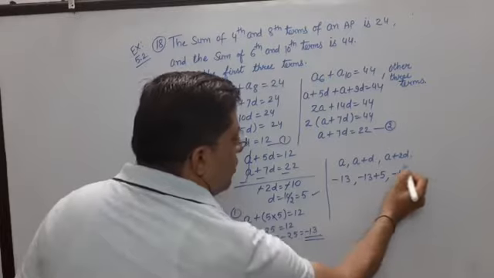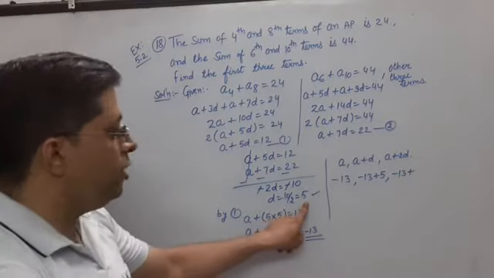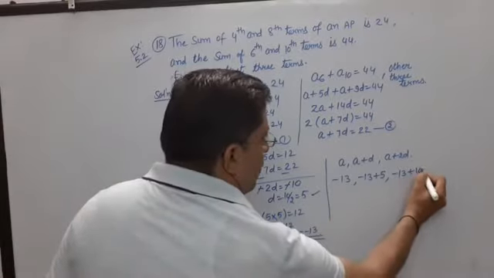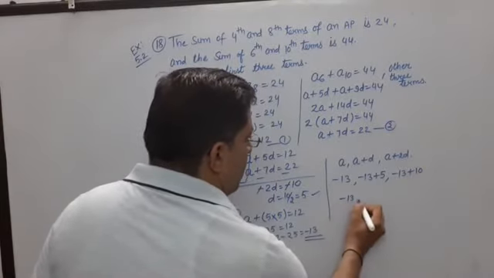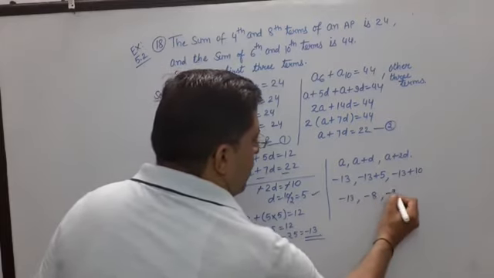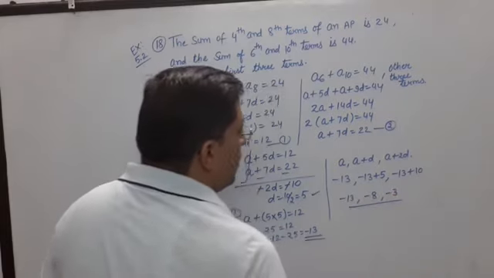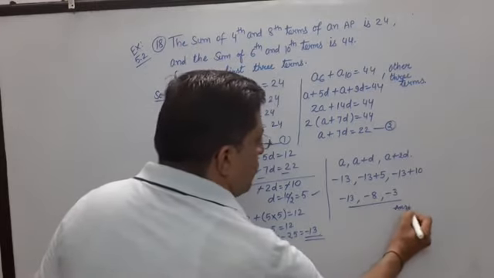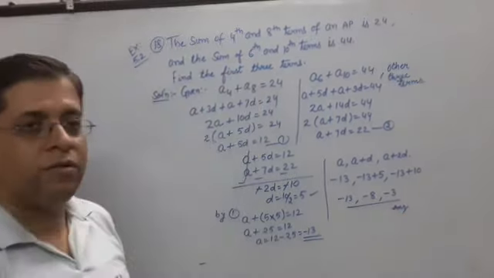Minus 13 plus 2D, 2 into 5 is 10. Now minus 13 plus 10 is minus 3. These are the 3 terms. These are also in AP. And this is your answer.